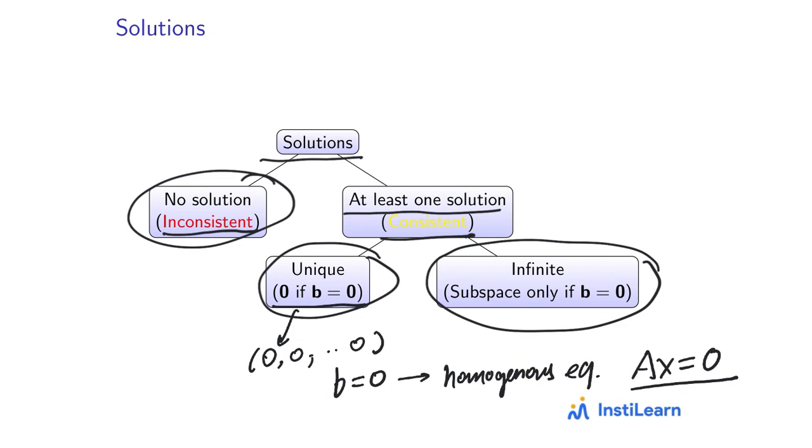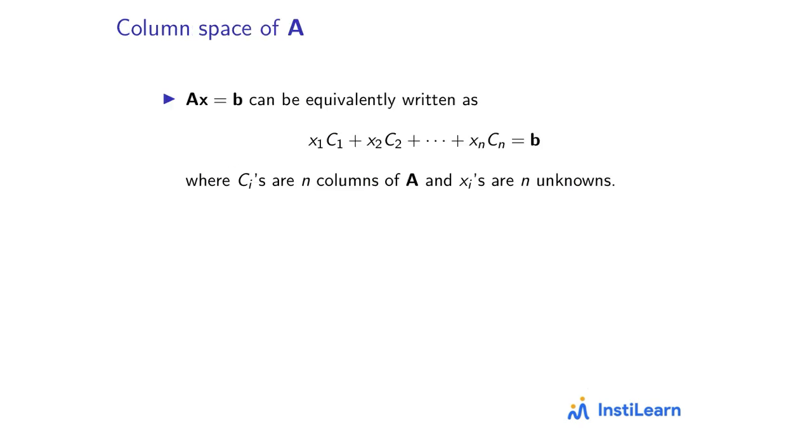When there are infinitely many solutions, you get a subspace of solutions. I would like to reiterate that if b is not equal to 0 and you have infinitely many solutions, those solutions do not make a subspace. Only when b equals 0, the infinitely many solutions will make a subspace.